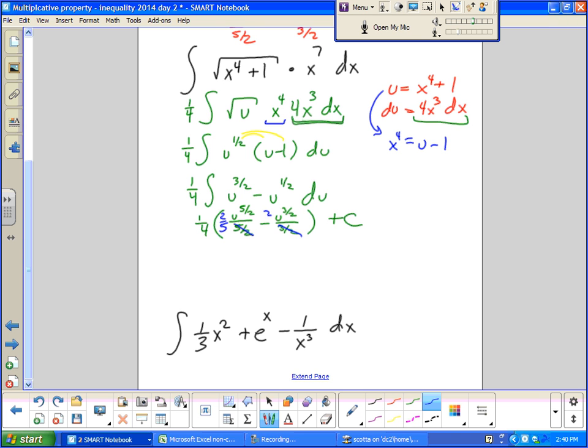Change 3/2 to 2/3. When I distribute, I get 1/5 u to the 5/2 minus 1/4 times 2/3 is 2/12, 1/6 u to the 3/2 plus c. You notice I left the u's out though, because I'm going to have to substitute back in for u.